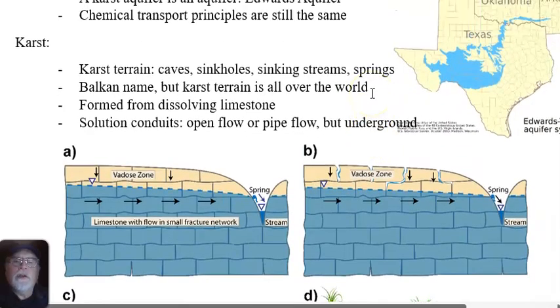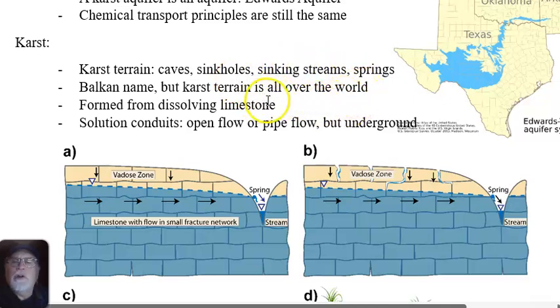Karst terrain is caves, sinkholes, sinking streams, where water in the stream goes out of the stream into the rocks underneath it, and springs. The term comes from a region in the Balkans, but there's karst terrain all over the world: in Texas, Pennsylvania, Arkansas, and many different countries.